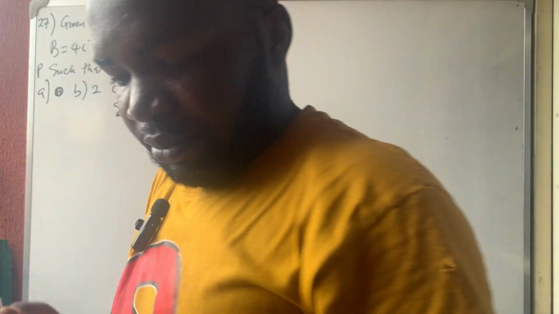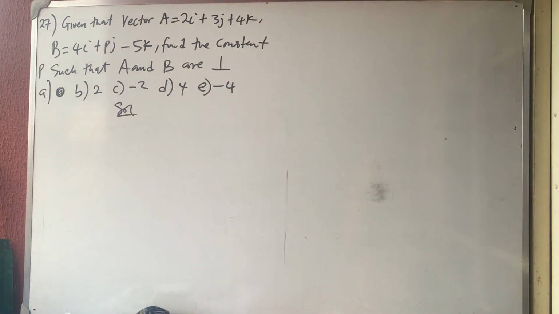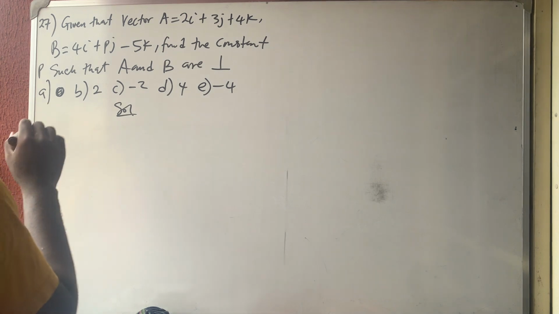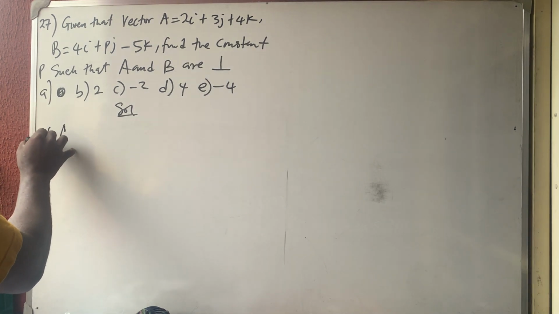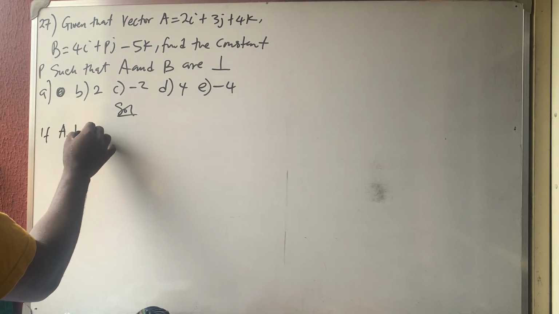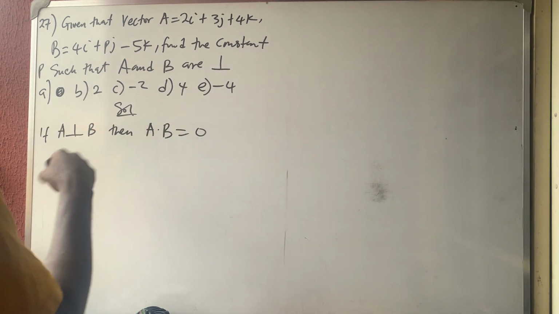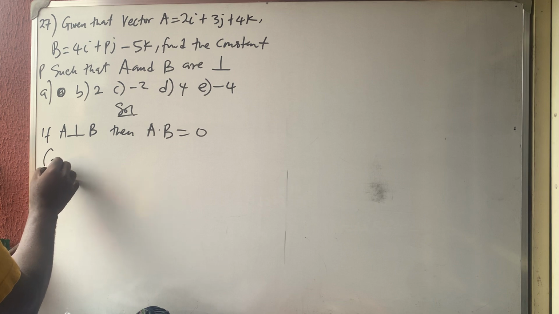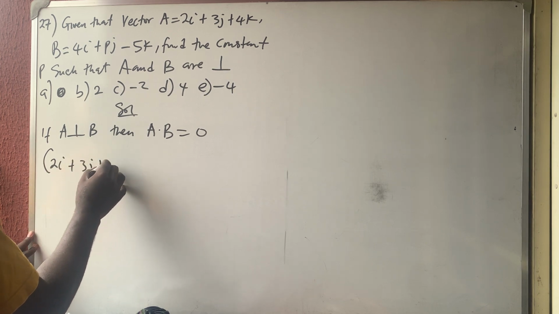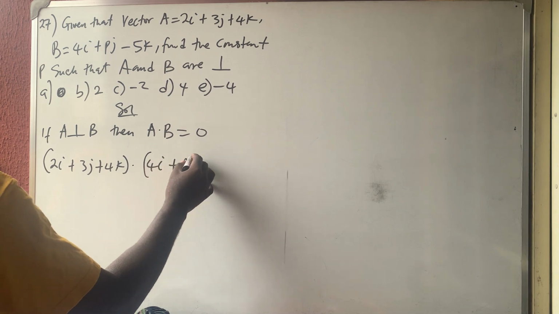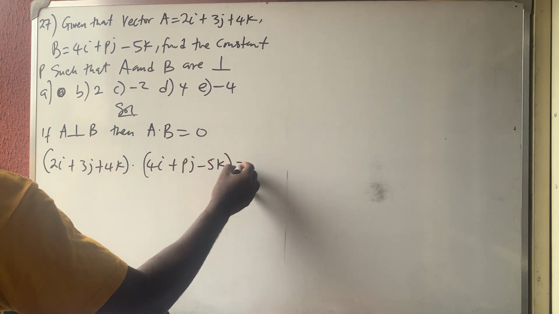Solution. Permit me to check my time. Okay, solution. Now, I told you that if A is perpendicular to B, then their dot product is 0. So let us dot it. Our A is 2i plus 3j plus 4k dot 4i plus pj minus 5k is equal to 0.